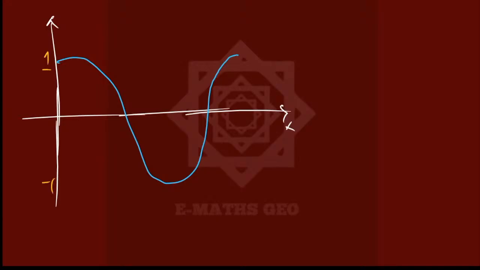And where does it occur? It occurs at 0, here, 0, so the value is 1. This is 360, this is 270, this is 180.